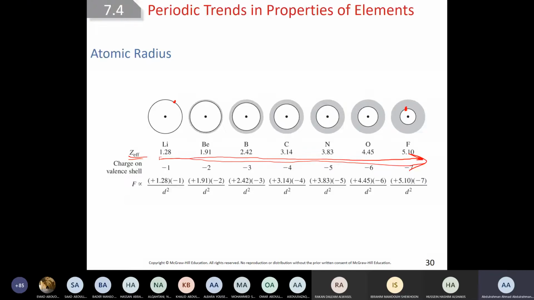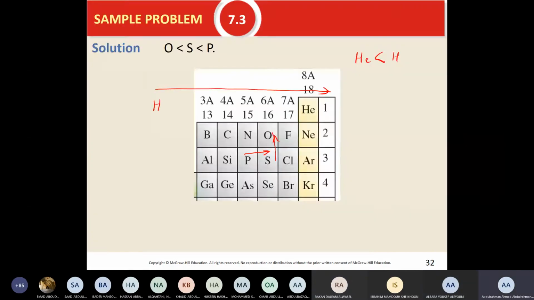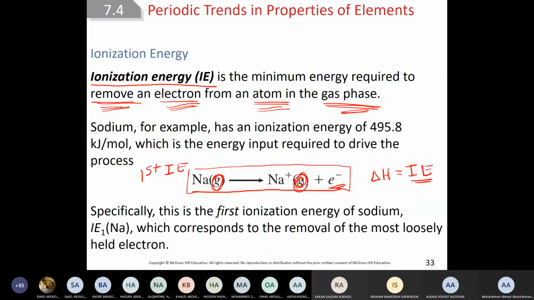So, ionization energy. What will happen to the ionization energy if you go across the periodic table from here to here? It gets stronger, harder, bigger. Increase. Look at the numbers.